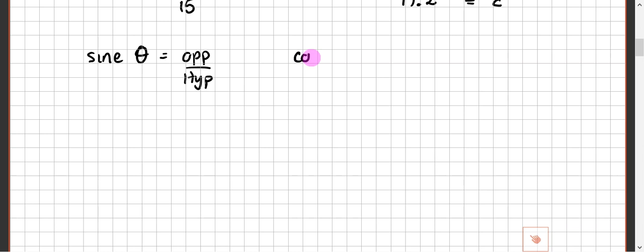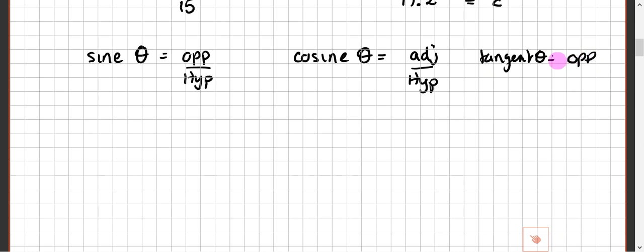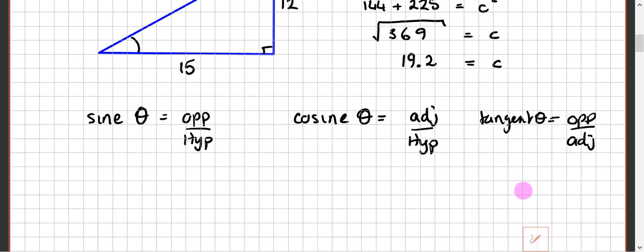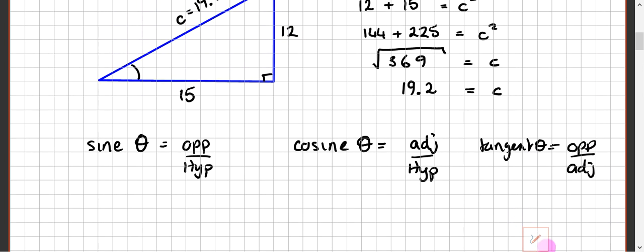We're also interested in the cosine of the angle, which is the adjacent over the hypotenuse, and we're also interested in the tangent of the angle, which is the opposite over adjacent. There are other ones we could do, but these are the three that give us everything we need.